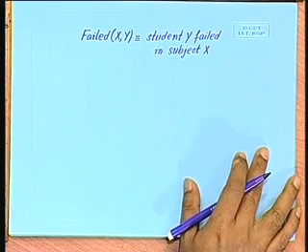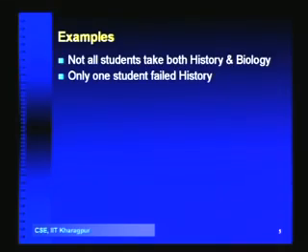Now, what we want to express is only one student failed history. How are we going to express that? Okay, first thing that we need to express is that there is somebody who failed history. There is one who failed history, and then we will try to also express that only one failed history.